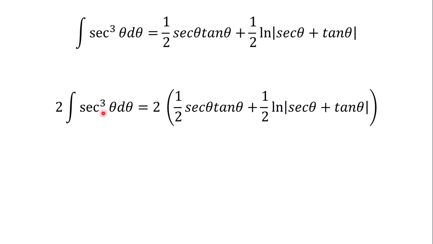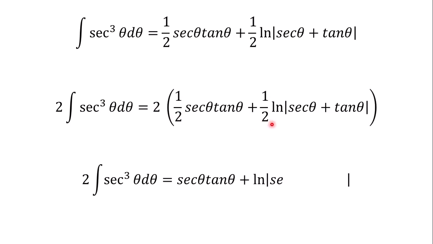So when this one here is equal to this, that is the same 2 here. What is the integral of this? That is what is here. So the whole of this one is equal to this one, but let's open the bracket and see what we are going to get. These 2 and these 2 will cancel out.